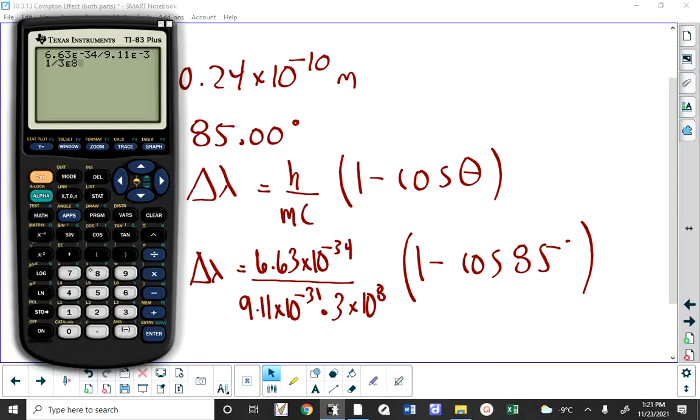I want to multiply that by, I don't even think I need a multiplication sign. You can put one if you like, 1 minus cosine of theta, which is 85 degrees. So I get for delta lambda 2.2 times 10 to the negative 12 meters.